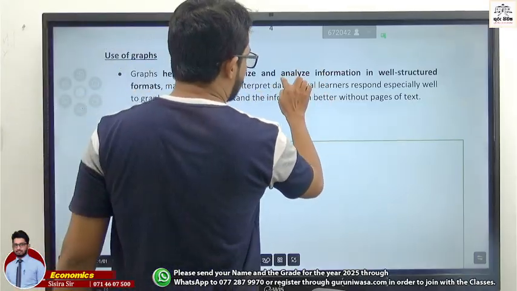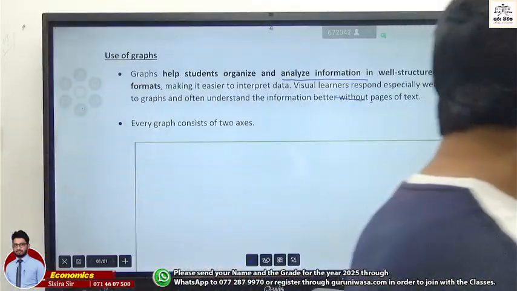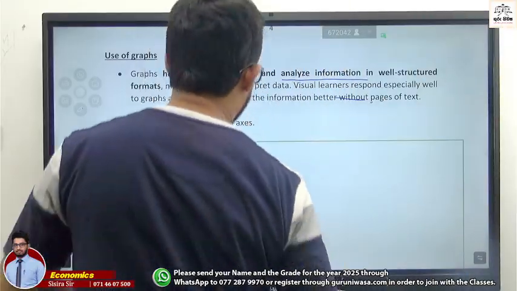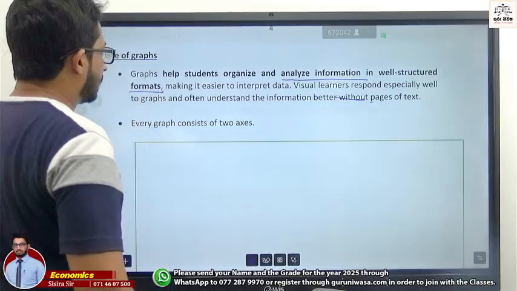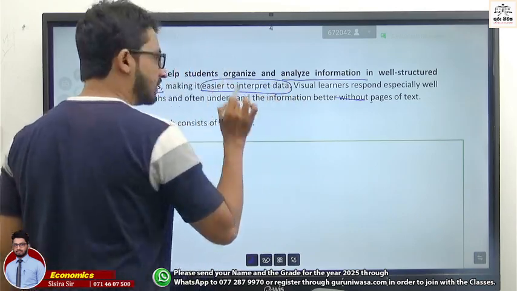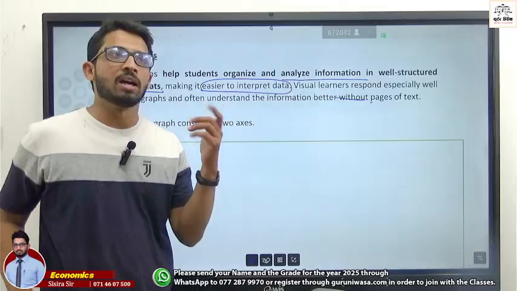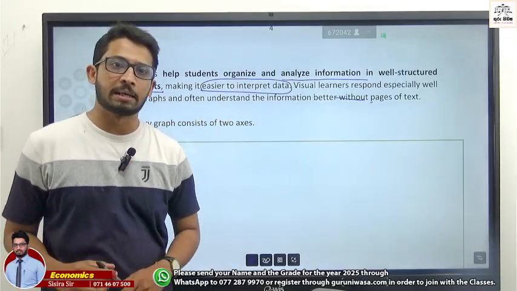Organize and analyze information. Analyze information in well-structured formats, making it easier to interpret data. This is the main purpose. If you use graphs, it is easy to interpret data.